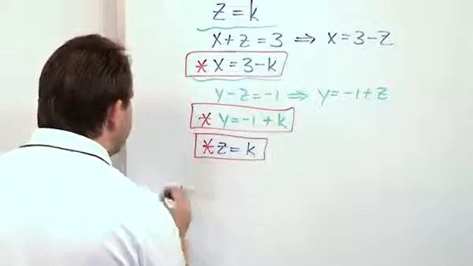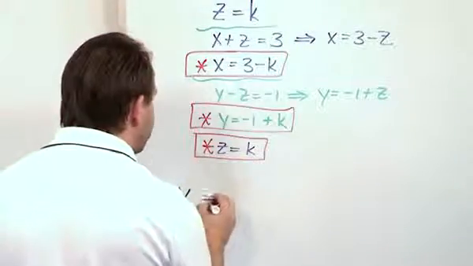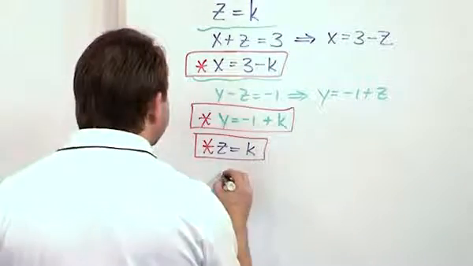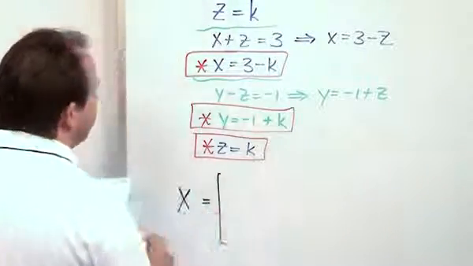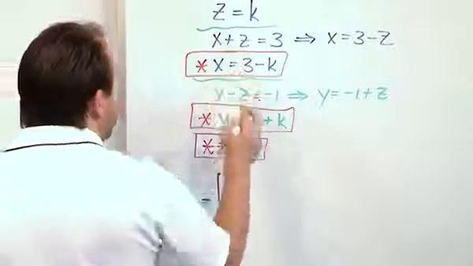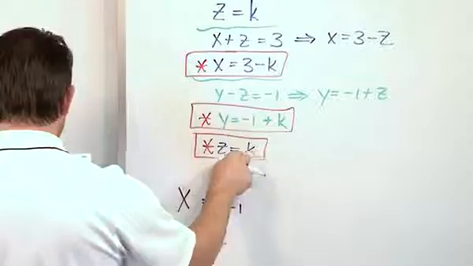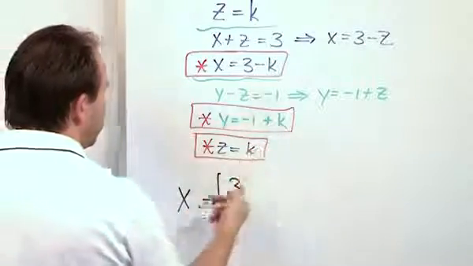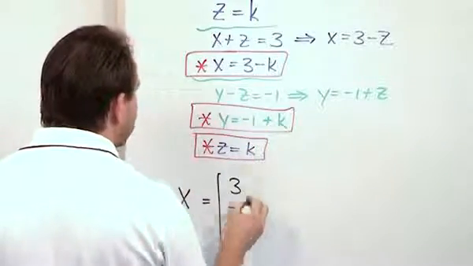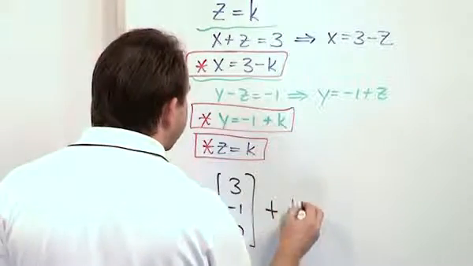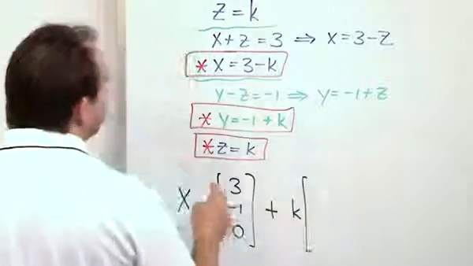Our solution we call capital X, a column vector that describes everything. Let me write it down and then I'll describe it to you. The number that we have for x is 3, the number for y is -1, the number for z, we don't really have anything except k, so we'll leave it as 0 right there. And then you write it as plus k times another column matrix.